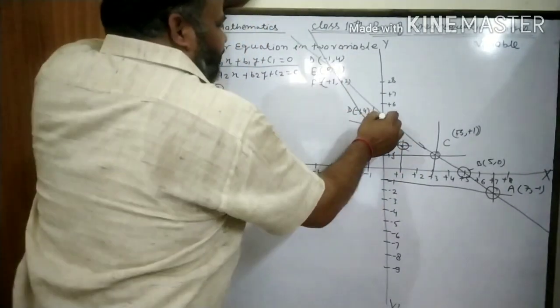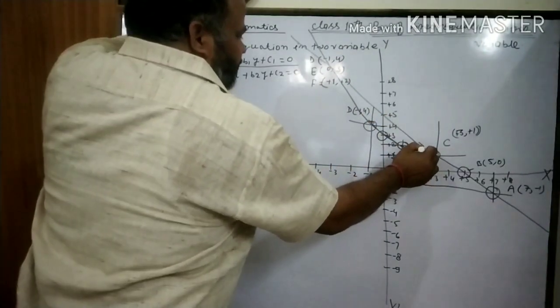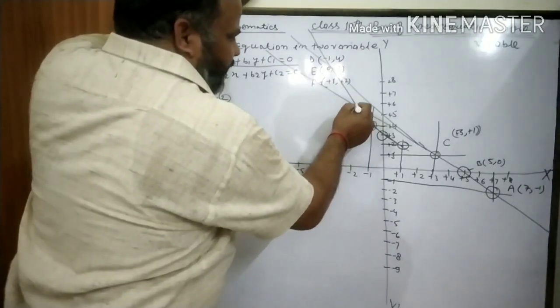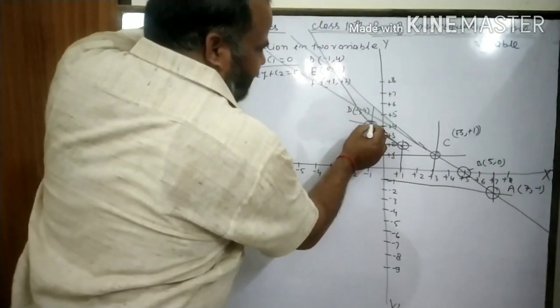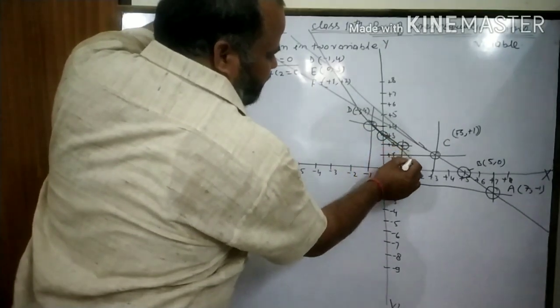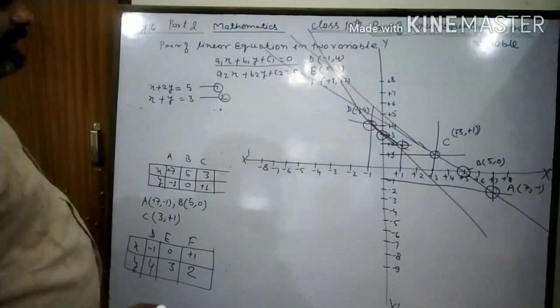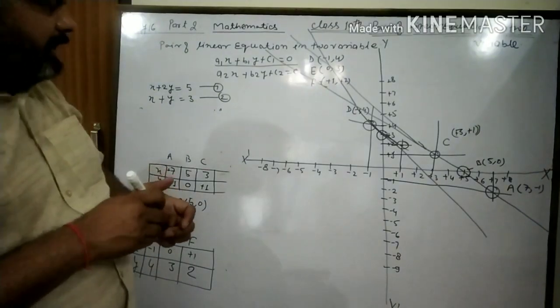Then at any point it may be possible that this line, like this way, and the lines intersect. If we take equal distance, then the lines intersect.